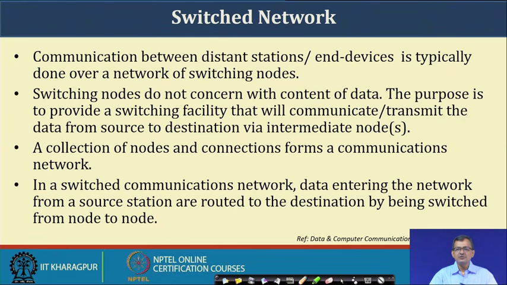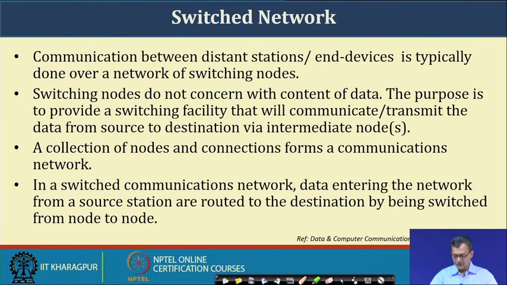A couple of things: one is that there can be multiple paths. There can be no path, so I am not able to switch. Or there can be a path, but while the communication is on, one of the nodes or edges fails, and there can be a communication problem. So there can be several issues for this type of switched network.